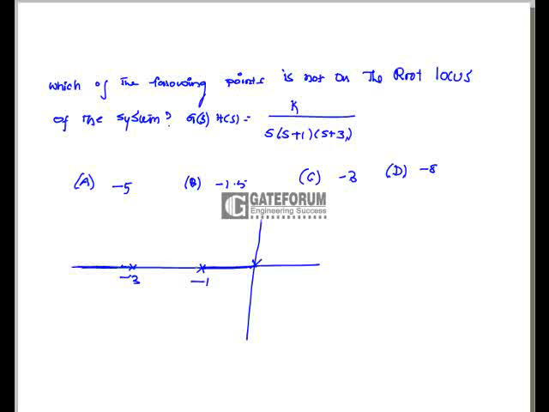This portion, -1 to -3, is not in the root locus. So -1.5 is not on the root locus. Hence option B is correct.